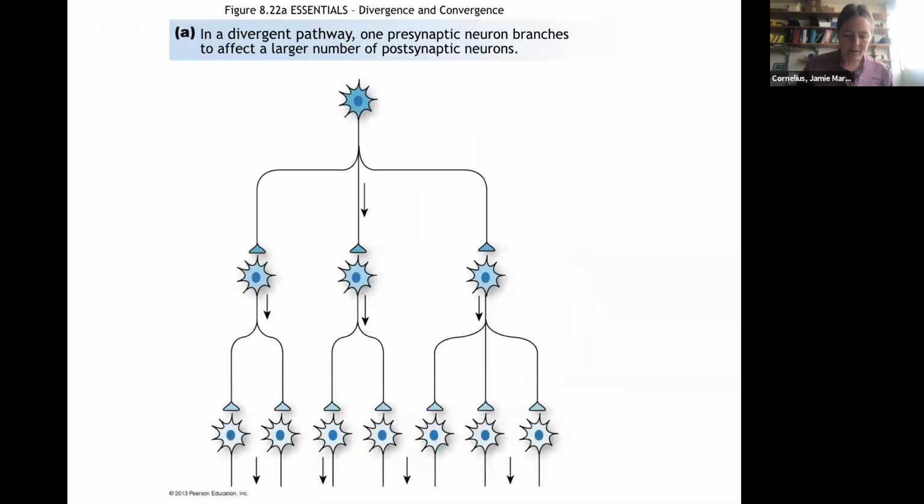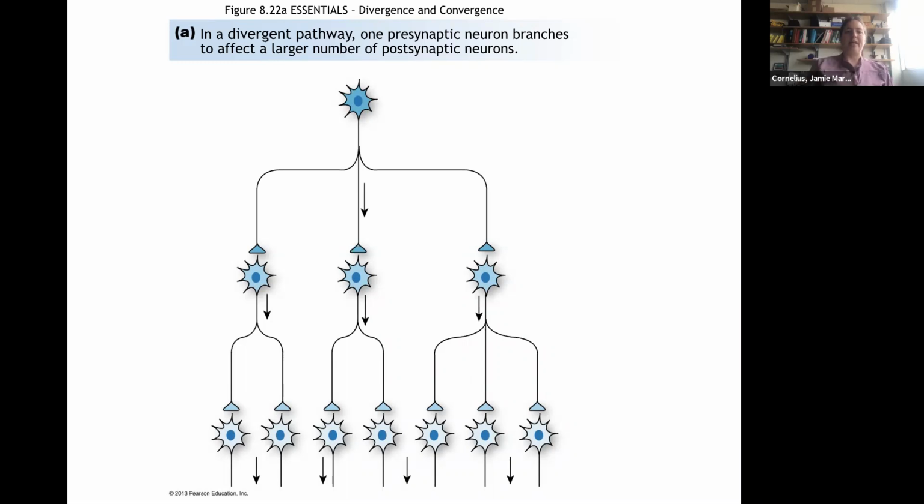And so we'll look briefly at two main patterns we see in the nervous system: convergence and divergence. So this is a divergent pathway where you have one presynaptic neuron at the top that's branching out and synapsing onto multiple neurons. And then those neurons are synapsing onto other multiple neurons.